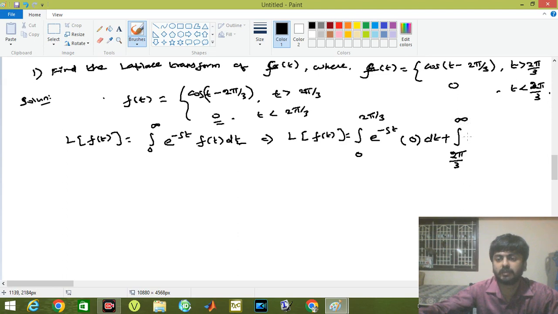e power of minus st. What is our f of t? Our f of t is cos of t minus 2 pi by 3 into dt.